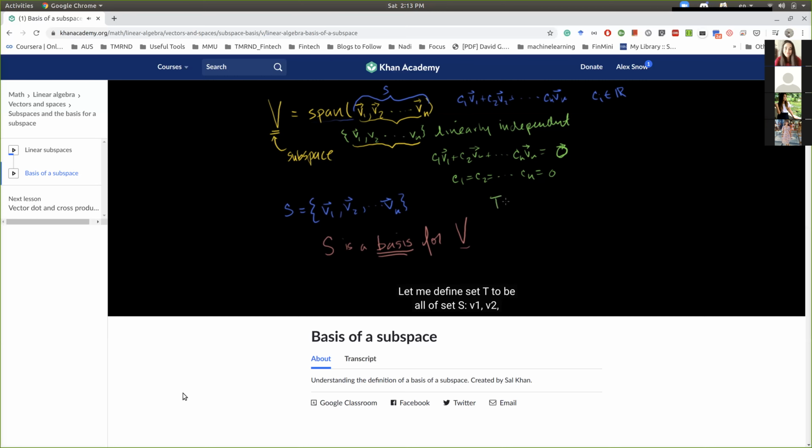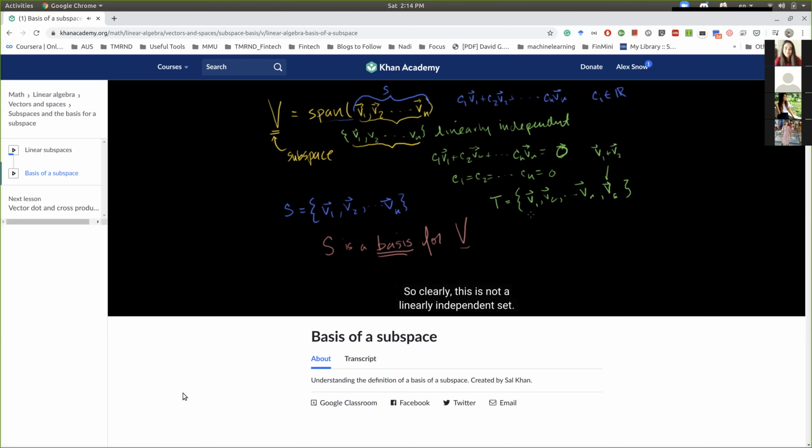Let me define set T to be all of set S, V1, V2, all the way to Vn, but it also contains this other vector, the V special vector. So it's essentially the set S plus one more vector, which I'm just saying is equal to V1 plus V2.